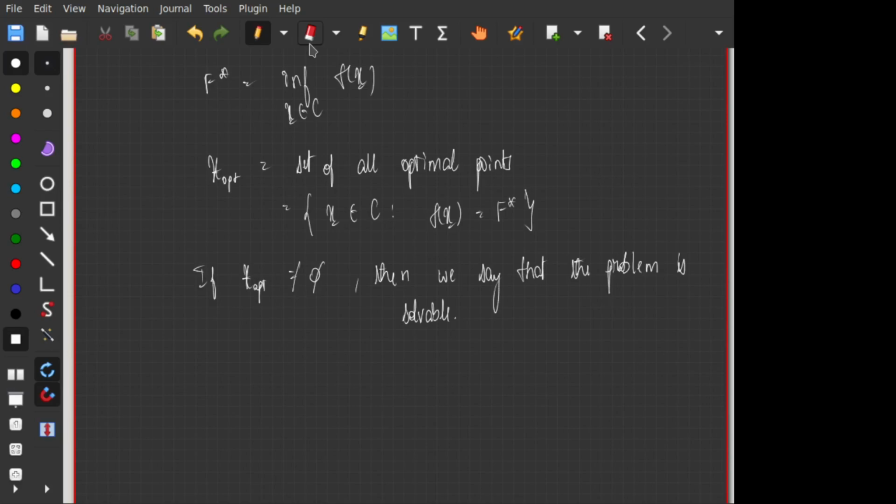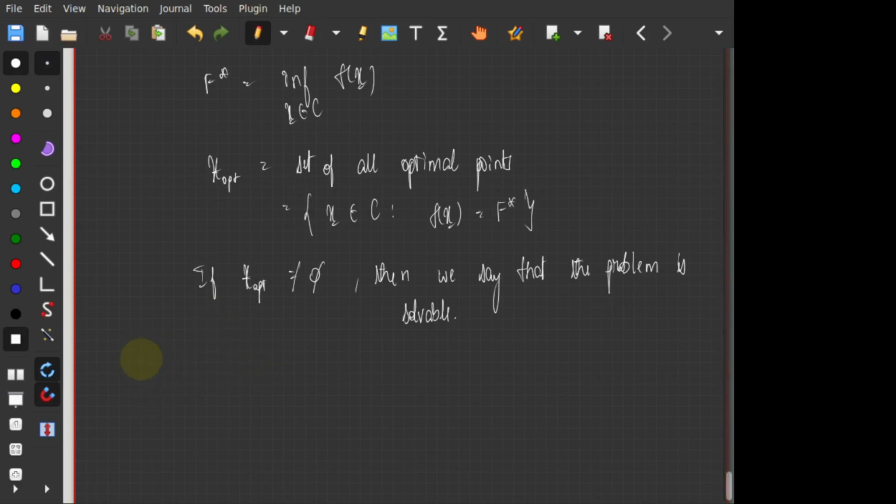Okay. Now, sometimes we're okay with not getting an optimal point. For example, if we run an algorithm such as gradient descent, you're not guaranteed to reach the optimal point, but after a certain number of iterations, you can say that you're roughly close to an optimal point.